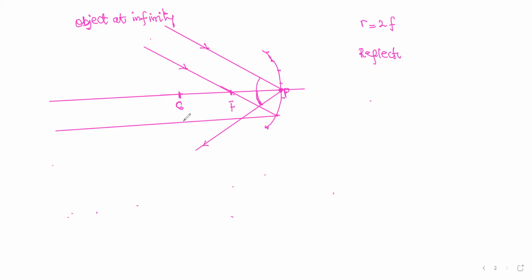This is also the reflected. If you take your measurements right, you observe that the two reflected rays will converge, will meet at F. And once the two reflected rays converge at F, it means the image will be formed at F.